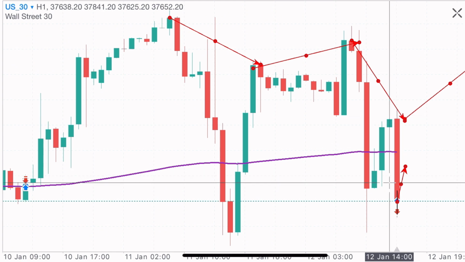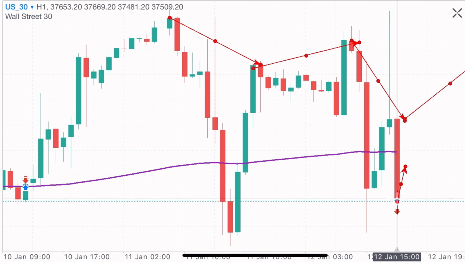So now we're seeing that this market has sold for a particular period of time. All right, so you know it takes an hour on the hourly time frame, like the 1 hour time frame, for a full candlestick to be created. It takes an hour for it to break out until the next candlestick.